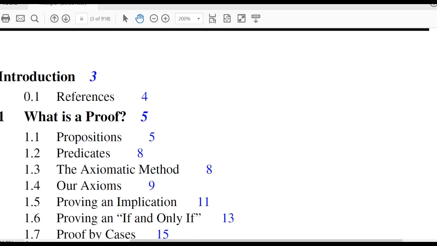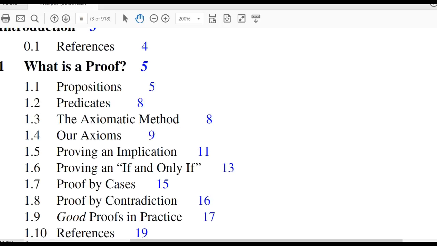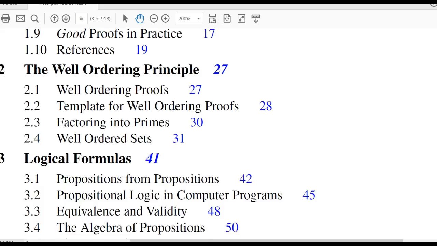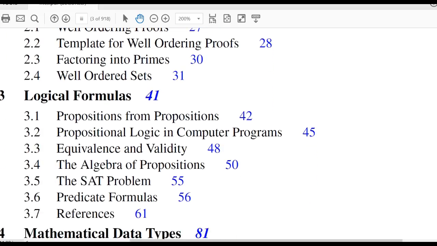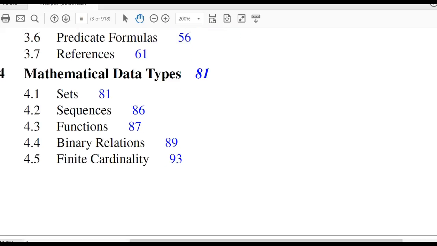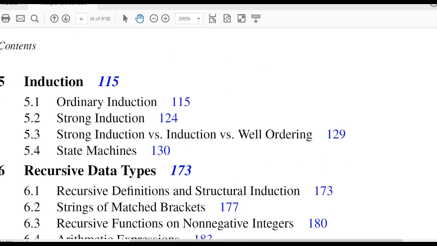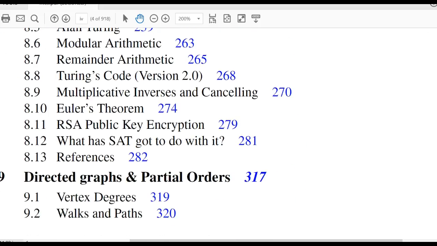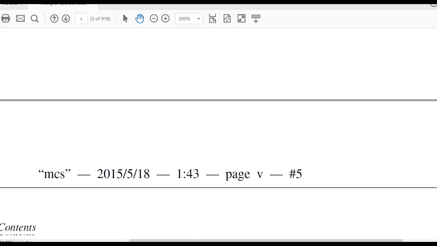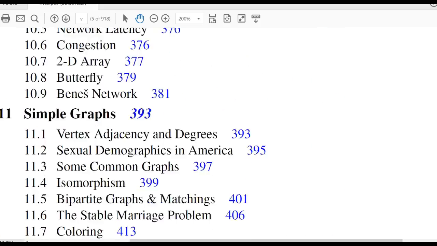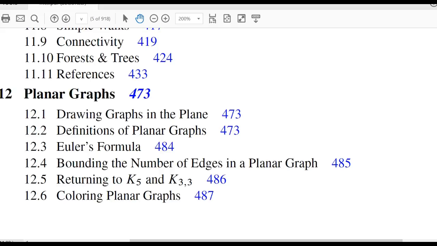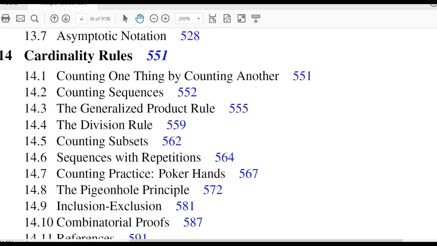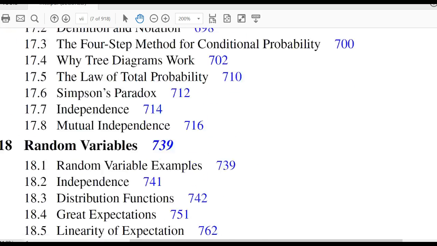It begins with proofs, propositions, predicates, then moves on with the well-ordering principle, logical formulas, data types, induction, recursive data types, infinite sets, number theory, graphs, communication networks, simple graphs, planar graphs, and other topics that are very important.